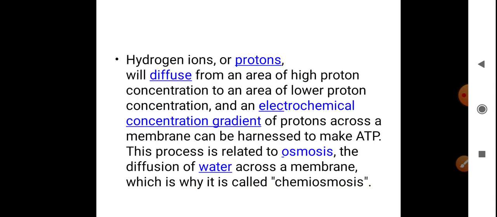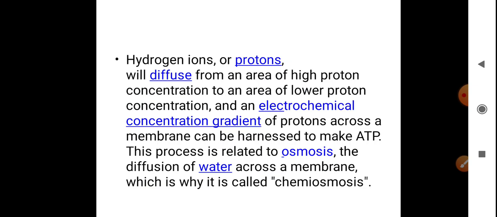Hydrogen ions, or protons, will diffuse from an area of high proton concentration to an area of lower proton concentration, and an electrochemical concentration gradient of protons across a membrane can be used to make ATP.